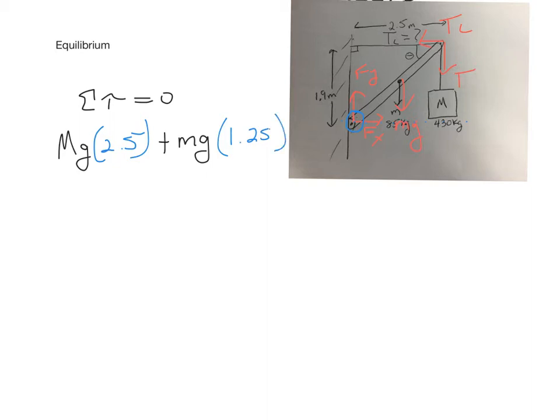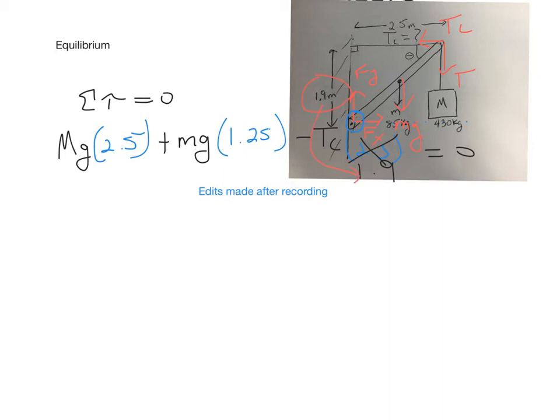This would be plus because it's acting in the same direction as the other torque. And then we have Tc. And Tc is also acting at 2.5. And all of that has to equal 0.